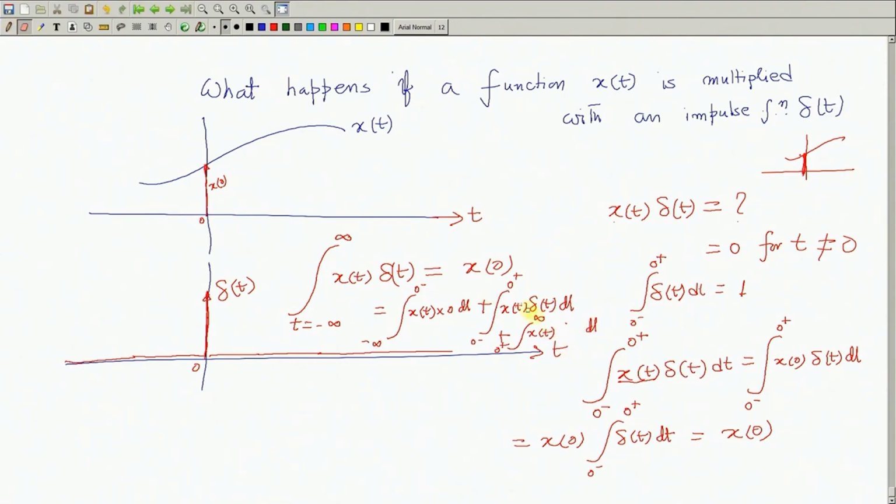So, this vanishes, this is also 0. So you are left with it: even if you integrate from minus infinity to plus infinity x(t) delta(t), this will be nothing but x(0).